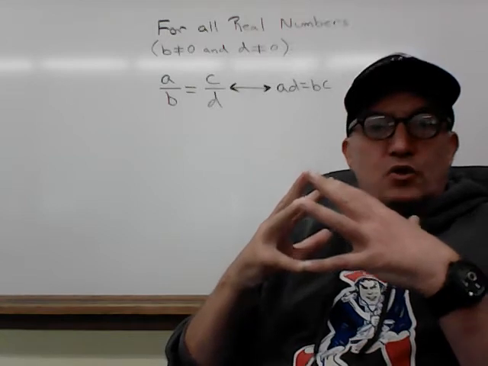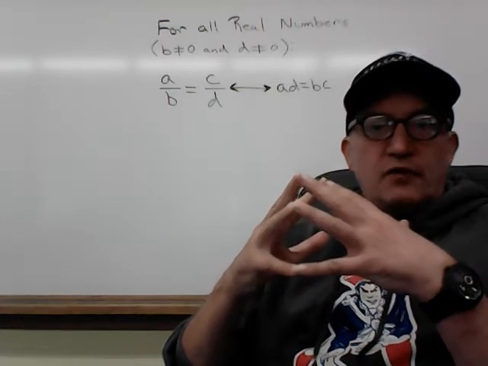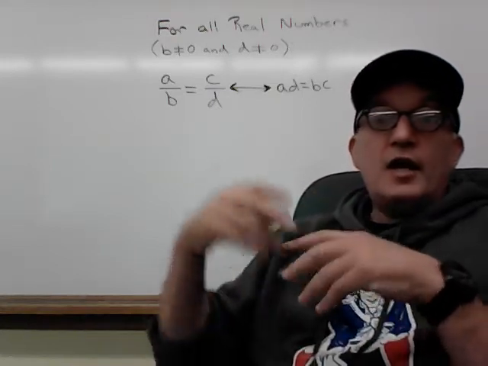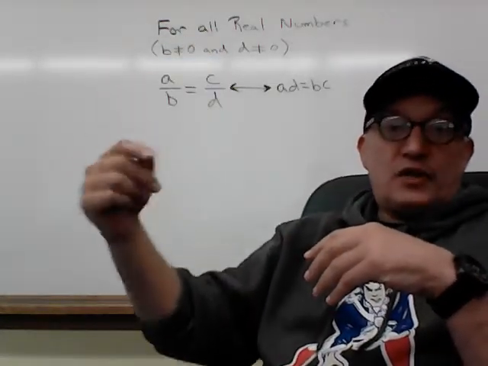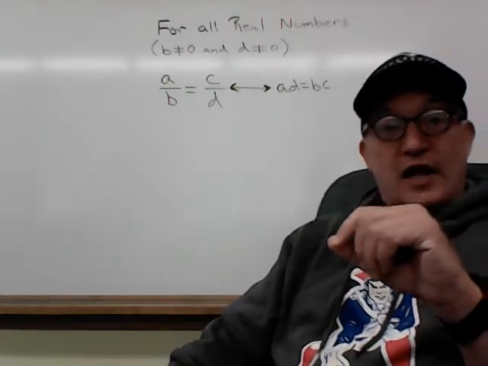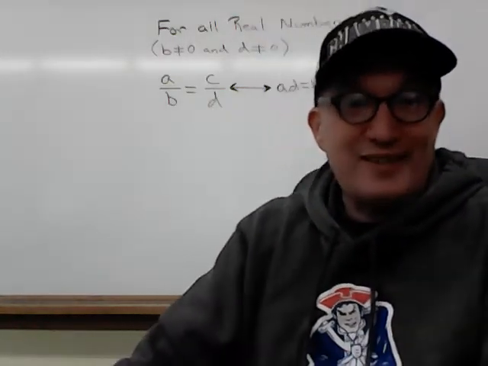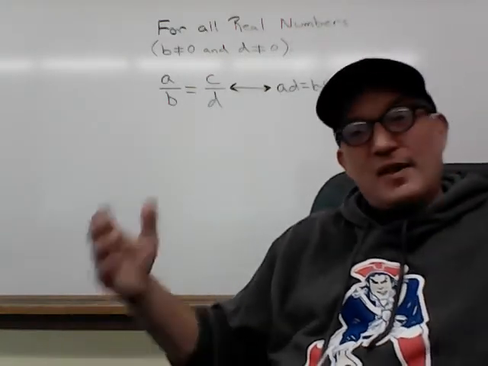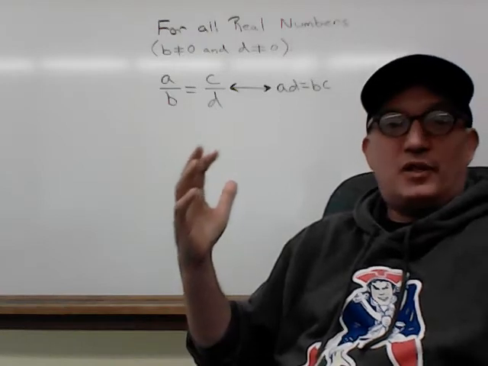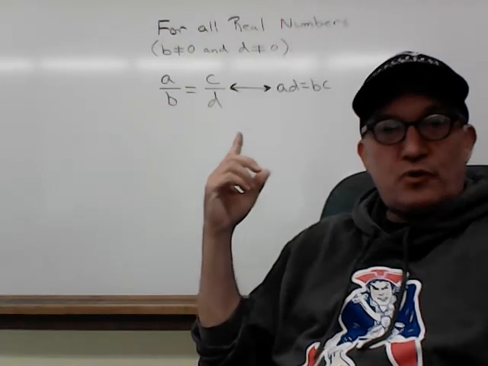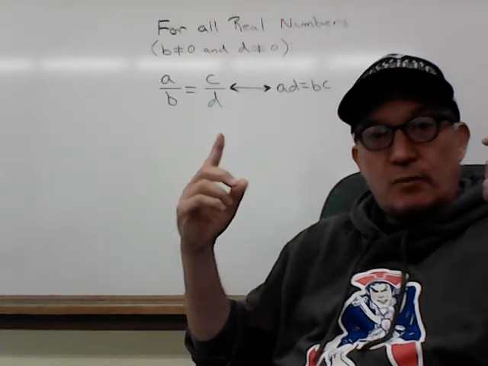And the truth, the big truth here is that if you have two equal ratios, as I've identified up here, A over B equal to C over D, it is automatically true that their diagonal cross products are equal. Now, that's a mouthful. That's why we have the symbolism of math. And this truth holds for all real numbers.